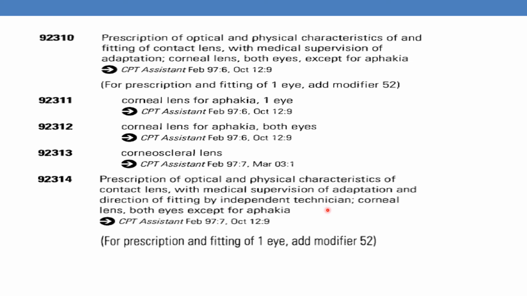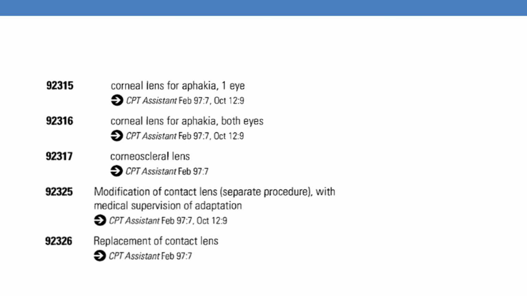From the previous CPTs, 92314 additionally includes an independent technician. If an independent technician is included, you need to report the 92314 series. If an independent technician is not included, you need to report 92310 to 92313. And for prescription of corneal lens for aphakia, one eye, with independent technician, the CPT is 92315.